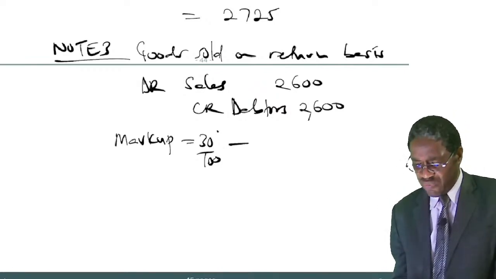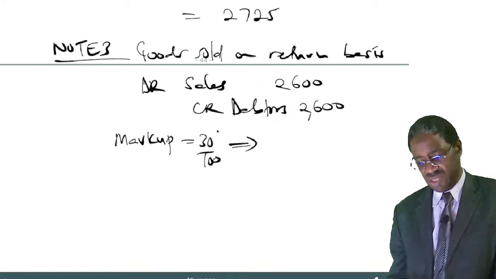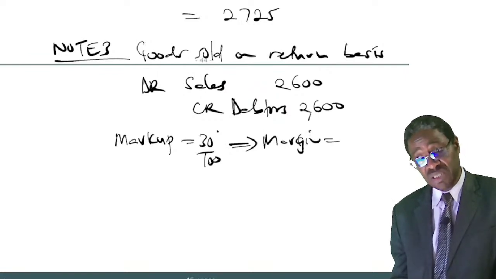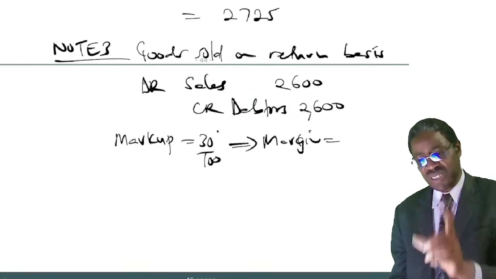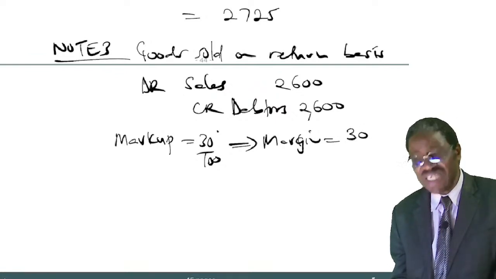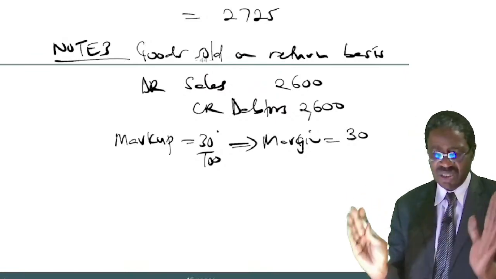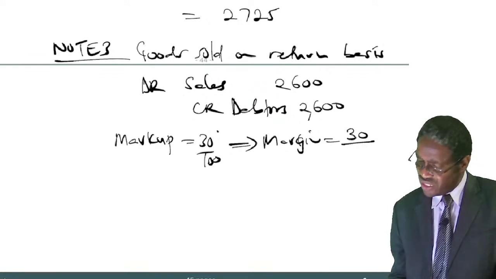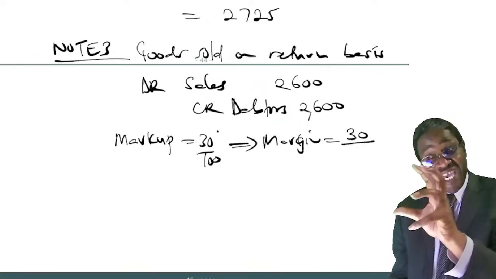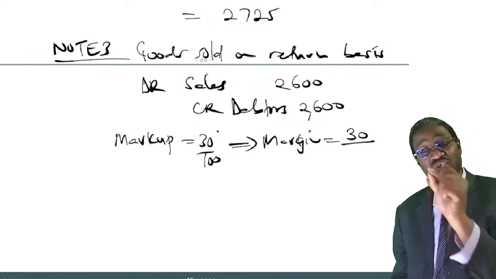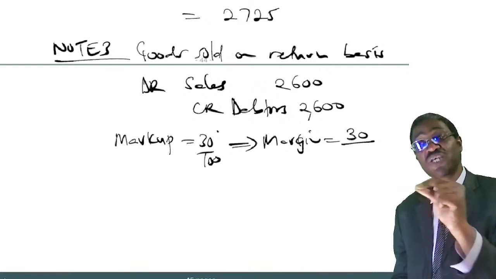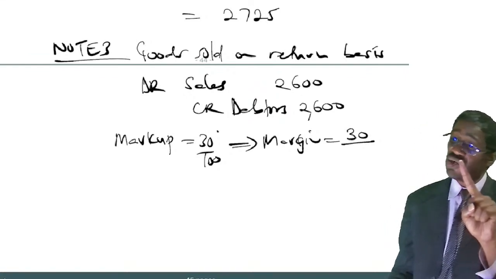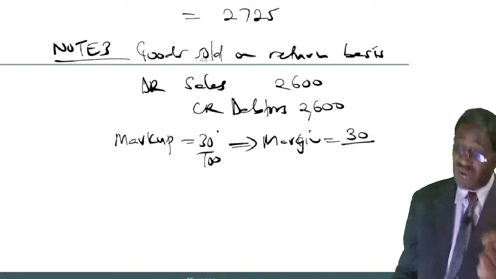If you want to convert markup to margin, we don't need the markup, we need the margin. You normally take the numerator and maintain it as it is, whatever the amount. Then you will either add it to the denominator or subtract it from the denominator, depending on whether you are converting your markup to margin or margin to markup.